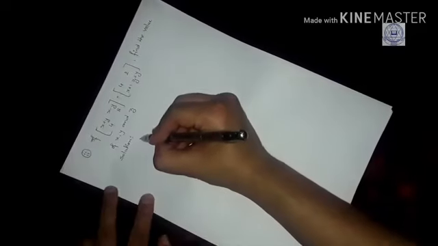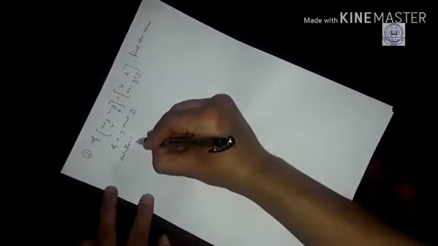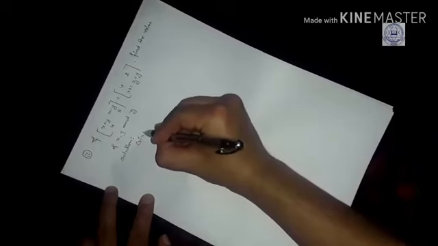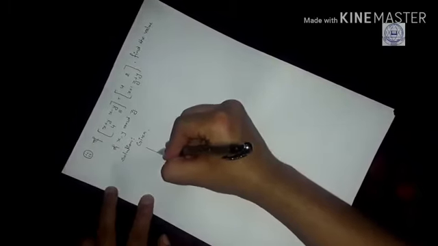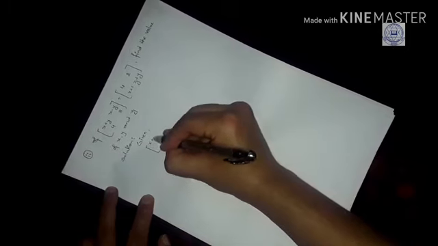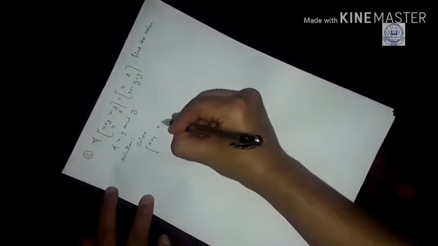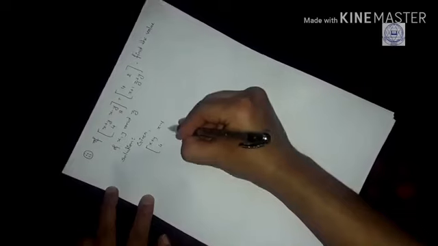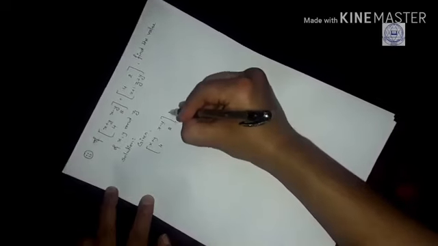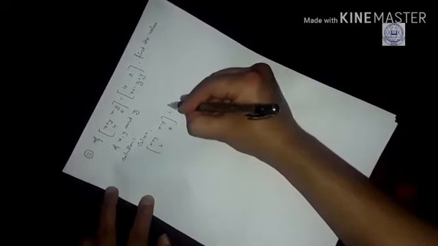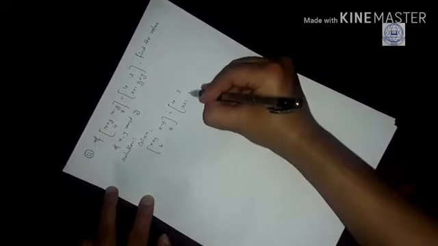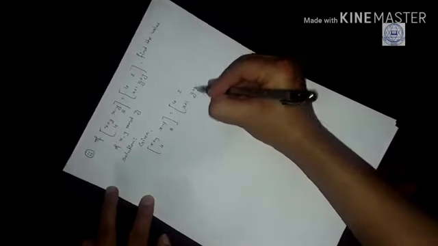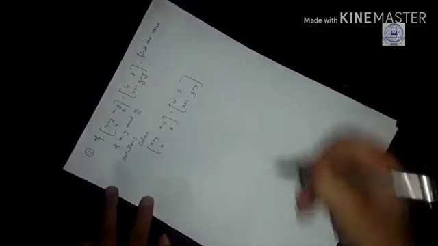I am trying to make you understand with another example as well. Given the matrices with entries x plus y, x minus y, 4, 8, and 4, 2, x plus 1. So these two are equal matrices, it is given.